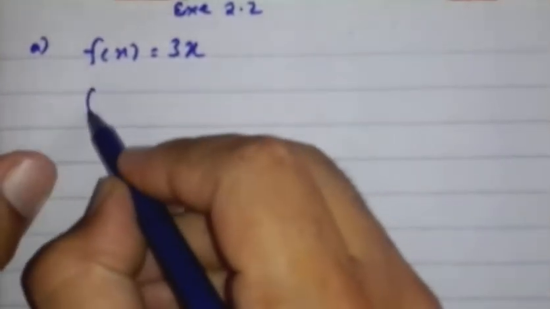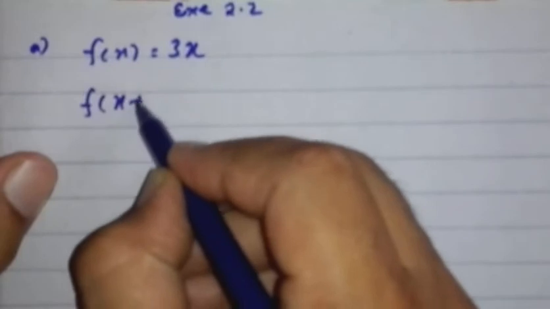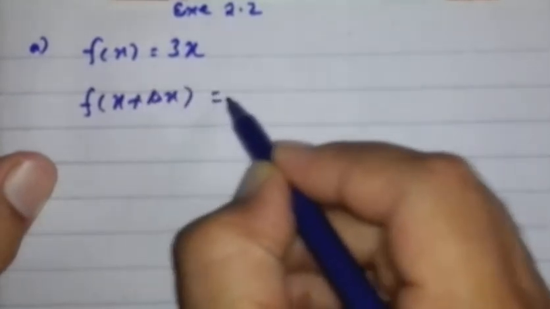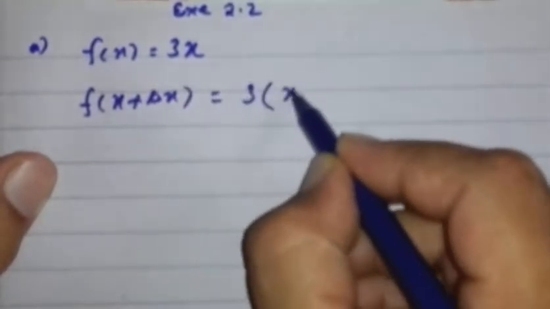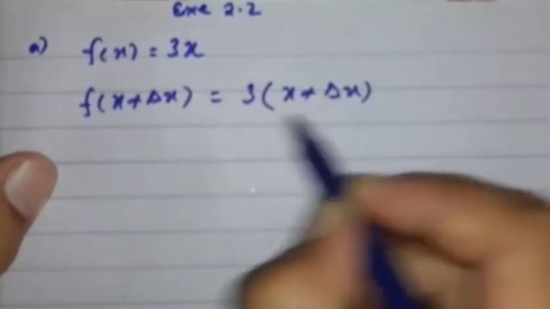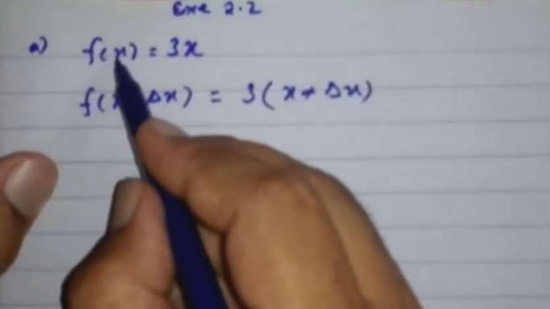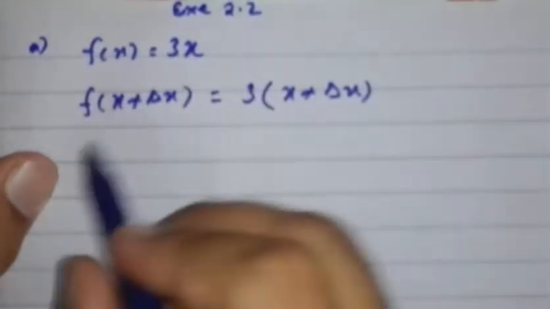Exercise 2.2. Question number 1. Use first principle rule to determine the derivative of the following functions. Part A. f of x equals 3x. So add the increment: f of x plus delta x is 3 times x plus delta x. Replace this x by x plus delta x.